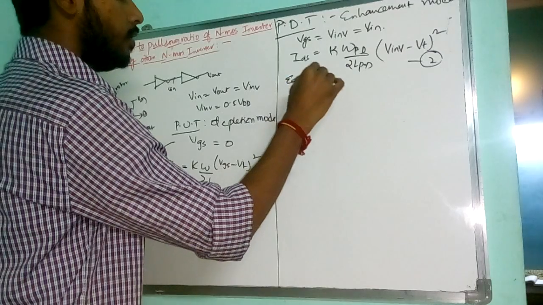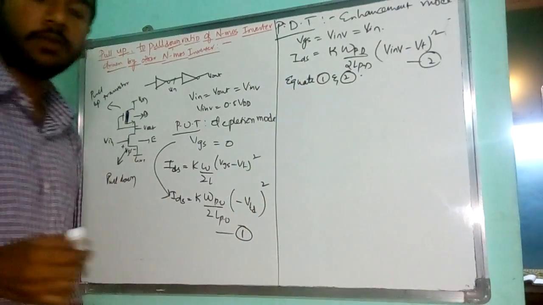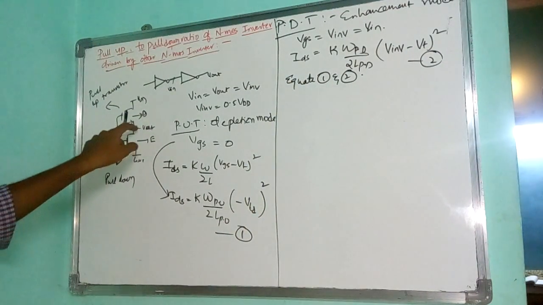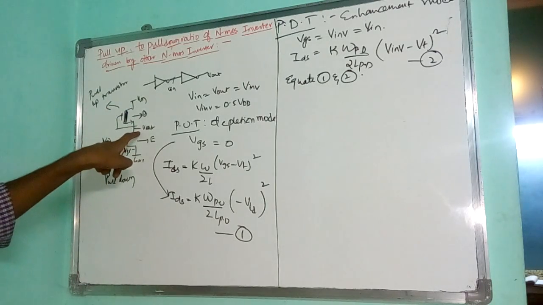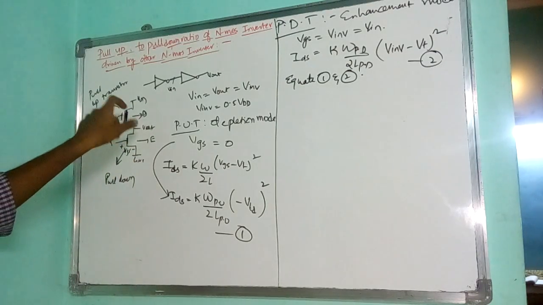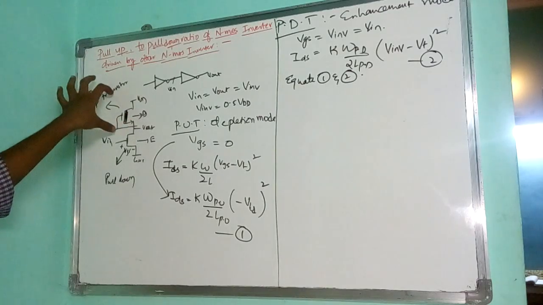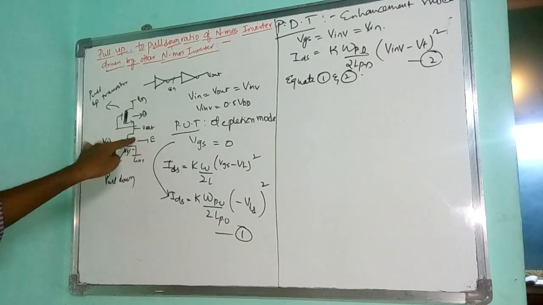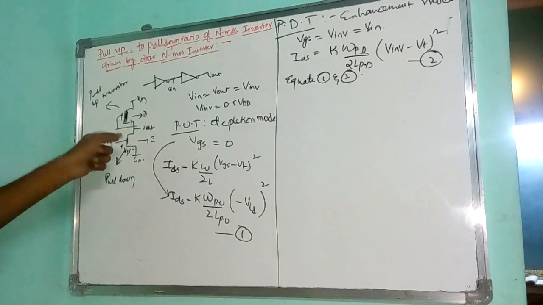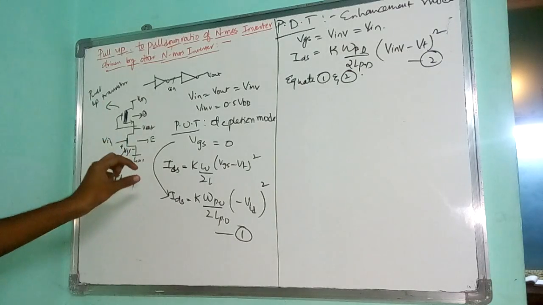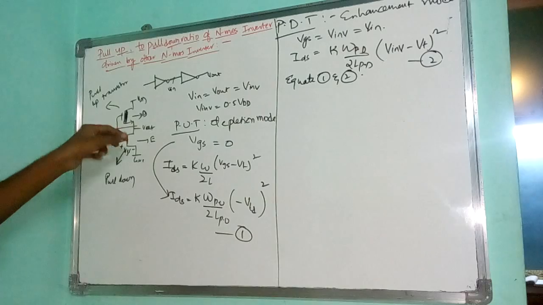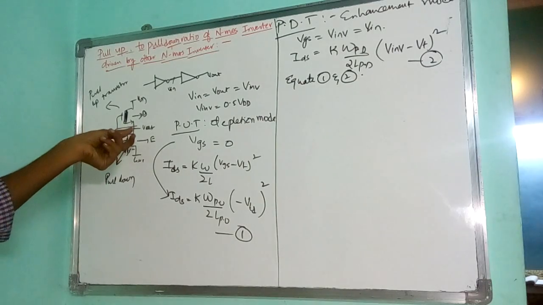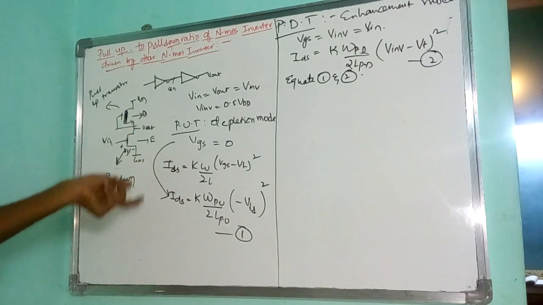Equate 1 and 2. Since the gate is shorted with source, the same current ID flows through the source of the first pull up transistor, and the same is coming into the pull down transistor. If we neglect body effect, the same current flowing in ID will be flowing IS to the ground.